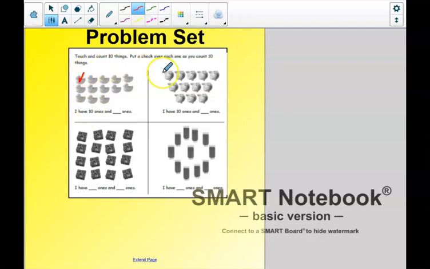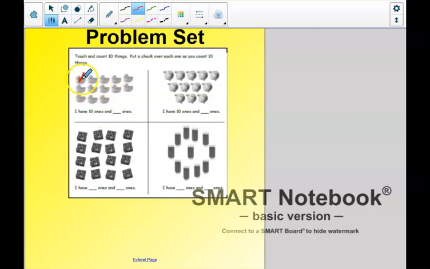Or just circle that group of 10 so you can see that group of 10. Then you're going to count how many are left over and put them in statements such as I have 10 ones, so that group of 10, and blank ones. And this blank is going to be how many you have left over after you've counted 10.